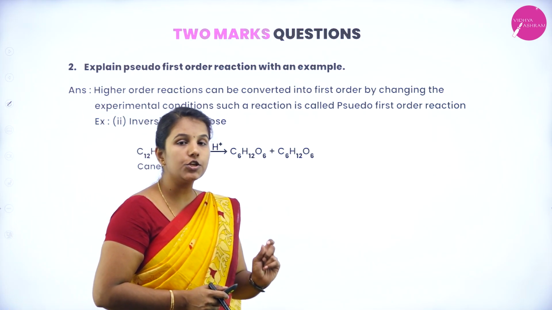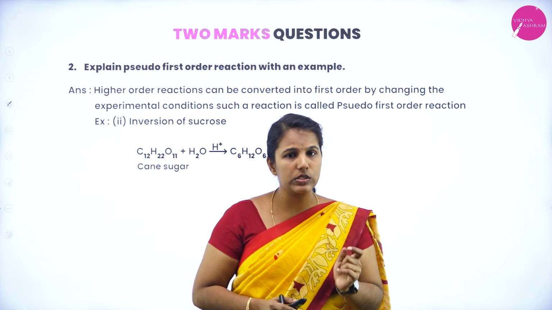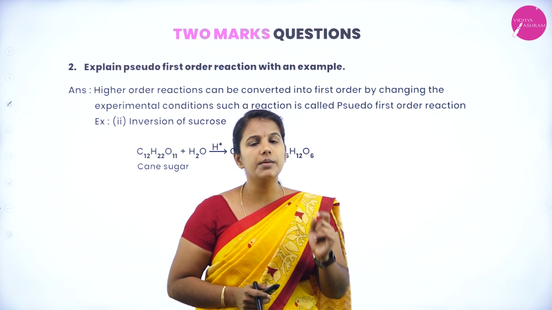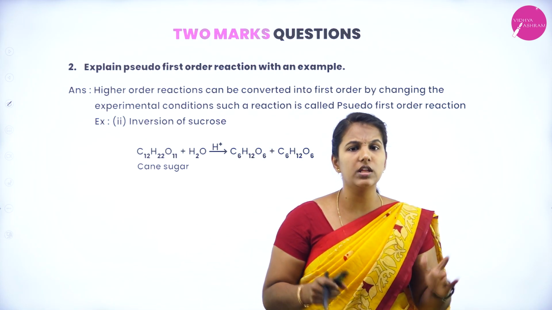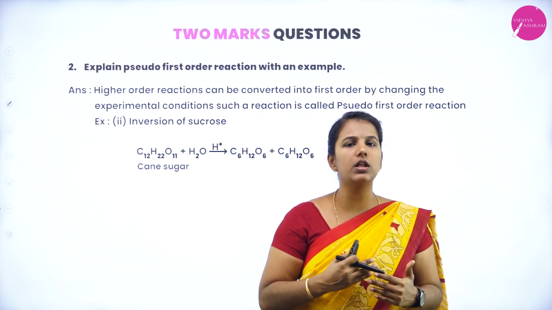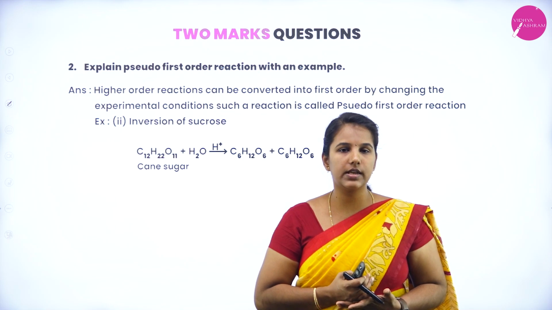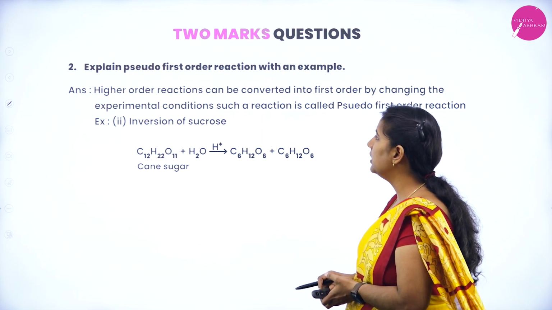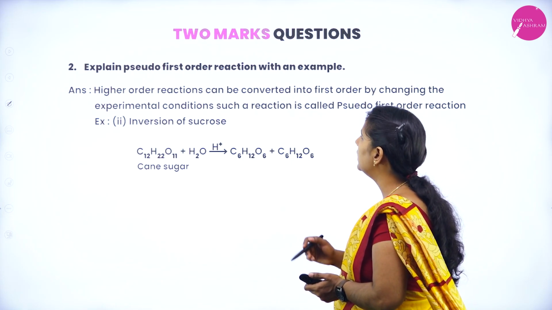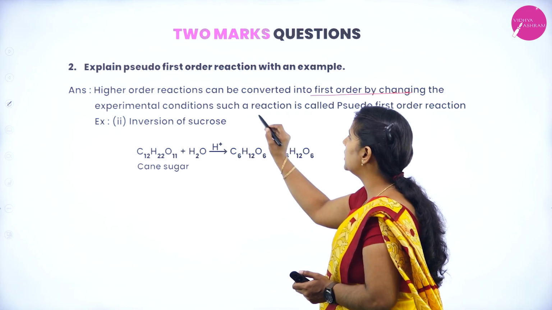Next, what is meant by pseudo first order reaction? Remember, first order is different from pseudo first order. Pseudo means false. Even though it is not a first order reaction, it is behaving like a first order reaction. Hence it is named pseudo first order reaction. A higher order reaction can be converted into first order by changing the experimental conditions.